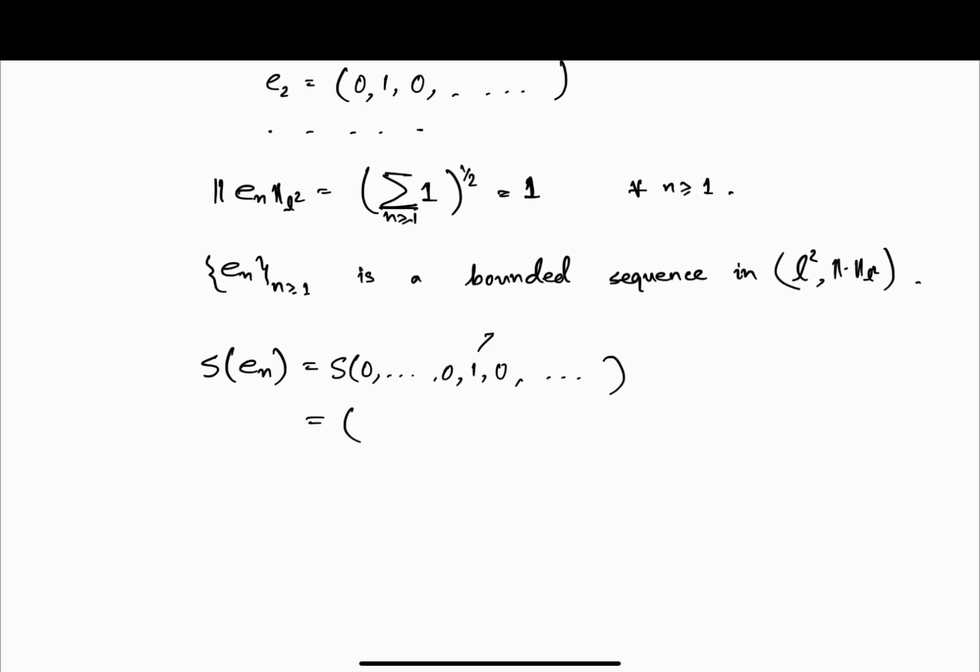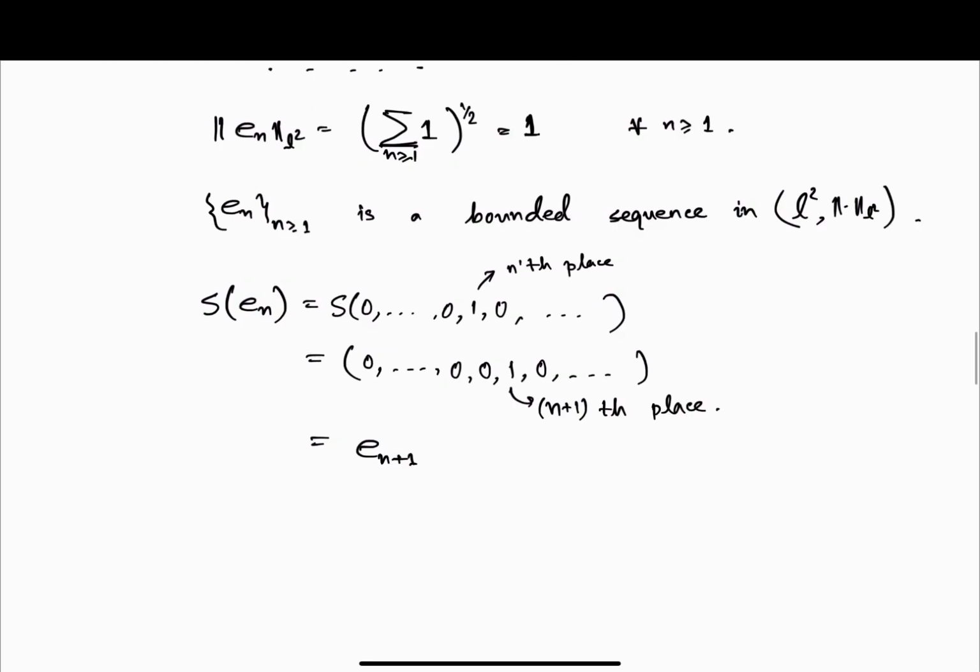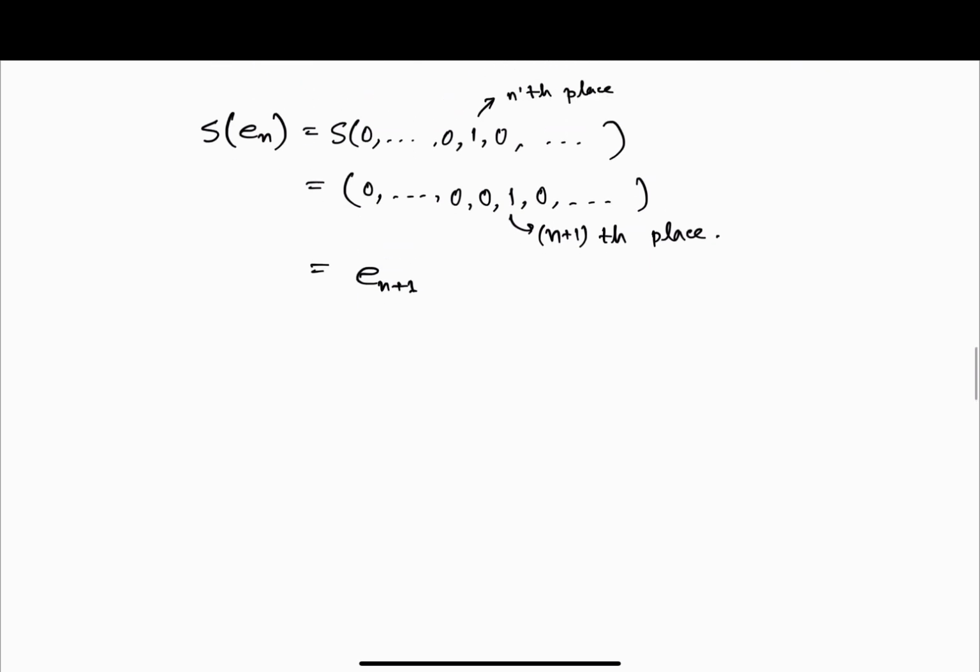Here it is at the nth place, and then it will be 1 at the n plus 1th place. So basically this is E(n+1). So S takes En to E(n+1).